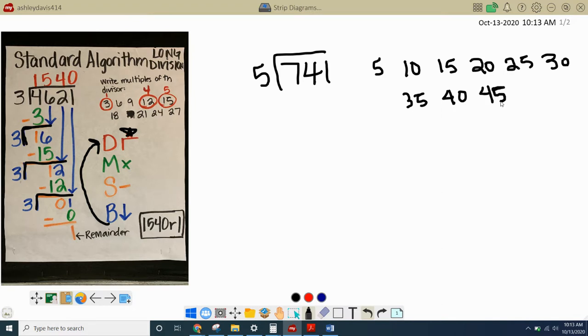I stop at 5 times 9 because over here we're only putting single digits up here. We don't need to go all the way to 5 times 10. Remember, we're taking it digit by digit. All right, so our first step is divide.